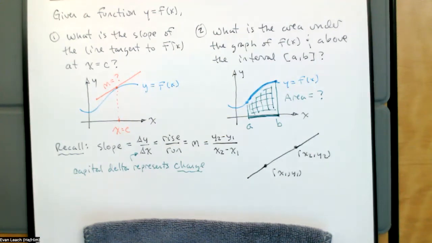So delta y over delta x is an abbreviation for change in y divided by change in x. For those of you who are new to the delta. This is where sigma shows up.